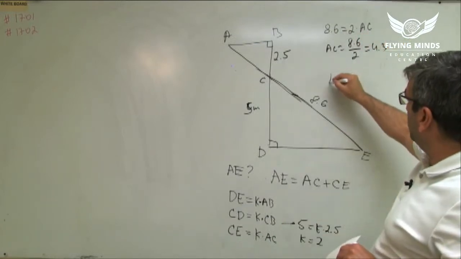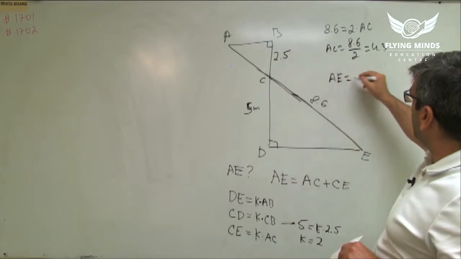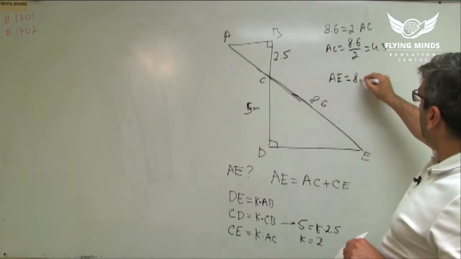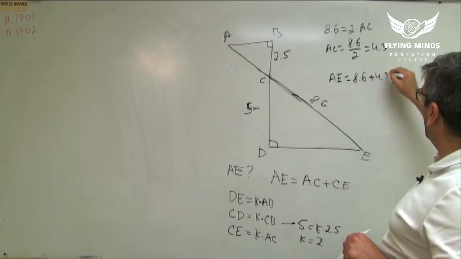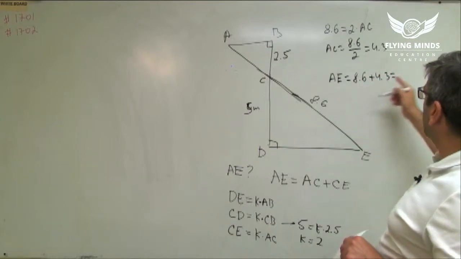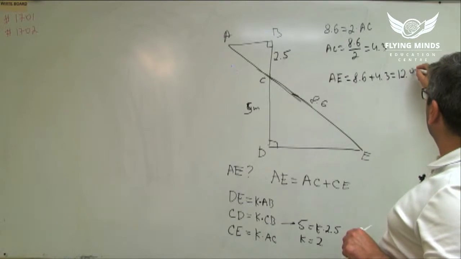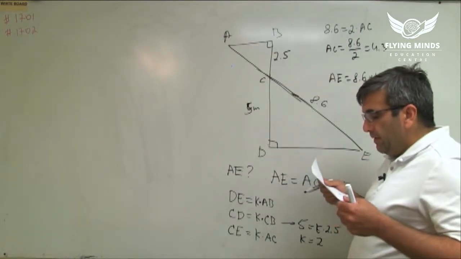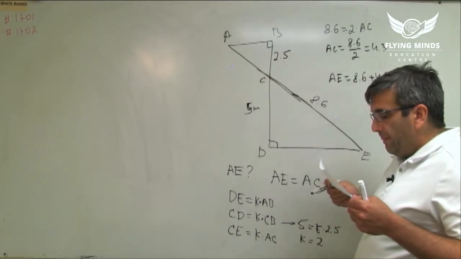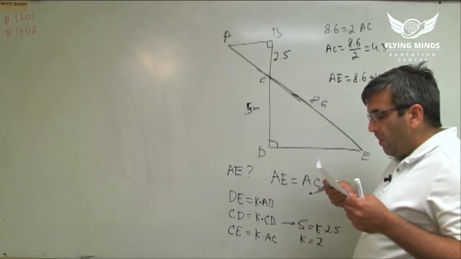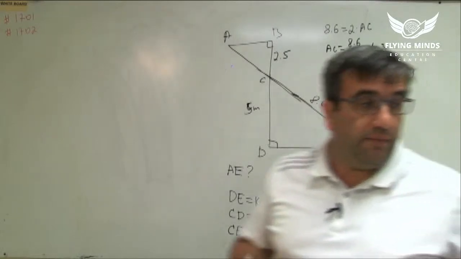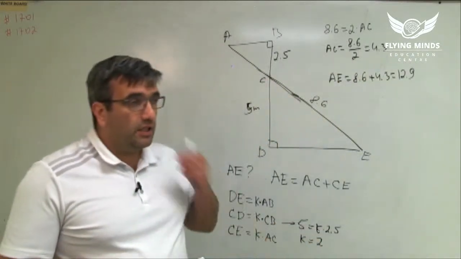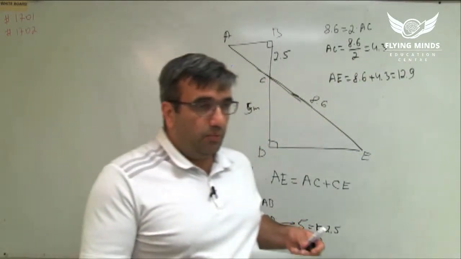And from here, AE equals 8.6 plus 4.3 gives us 12.9. Okay, so the answer is 12.9.